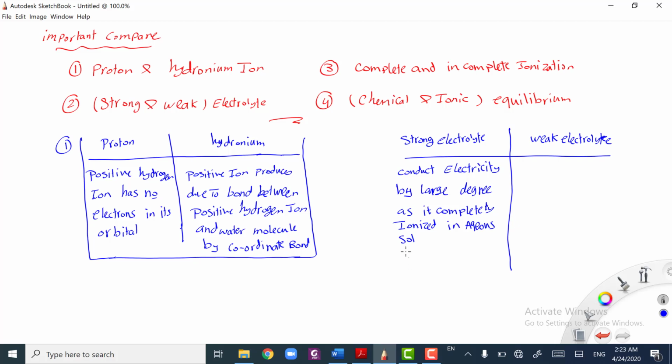An example: HCl plus water gives us, in only one direction, hydronium ion aqueous plus Cl negative aqueous.